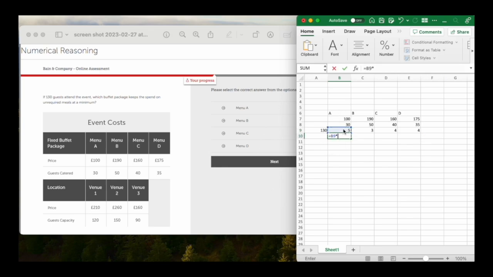Then you must multiply the quantity by the price to get the total cost. Drag that across, and you'll see that the lowest cost is menu A.